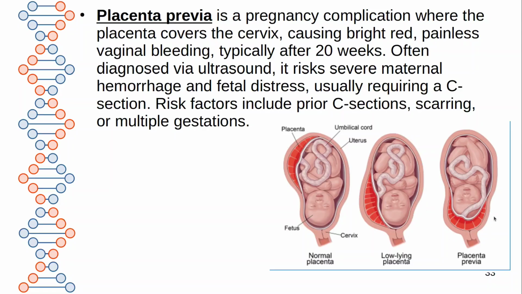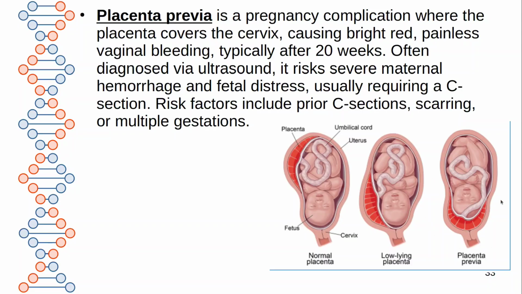It causes bright red painless vaginal bleeding, typically after 20 weeks. It is often diagnosed via ultrasound, and it risks severe maternal hemorrhage and fetal distress, and usually requires a C-section.